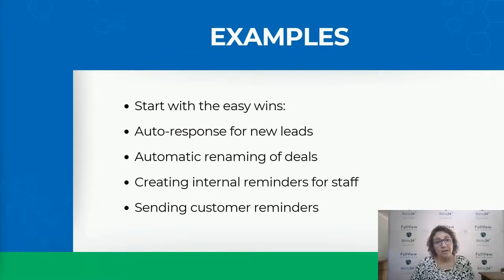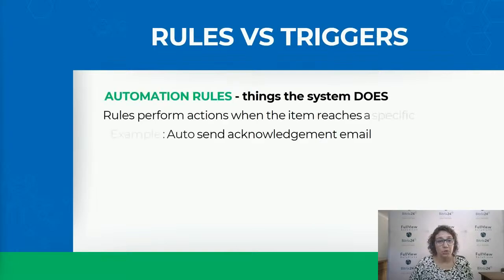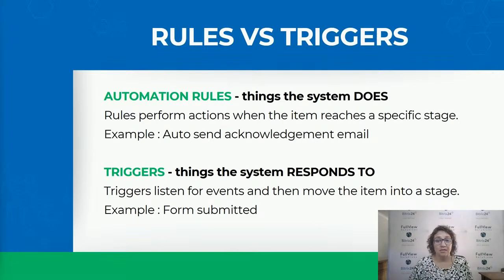Another thing that we'll look at is the difference between a rule and a trigger. It took me a while to figure that out, but just a summary: an automation rule is things that the system does, and triggers are things that the system responds to.